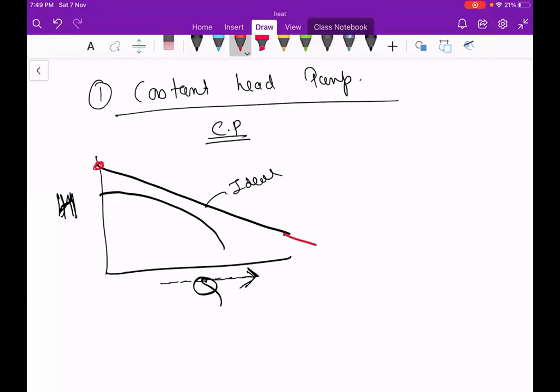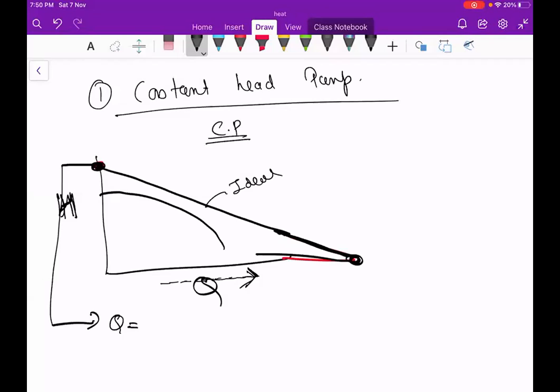Suppose this point, I can draw this with a black line itself. At this point, Q equals 0, and H you can say any number, any infinite number, or you can say the maximum.